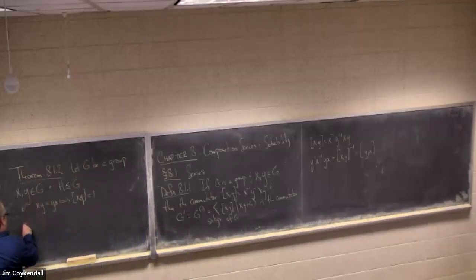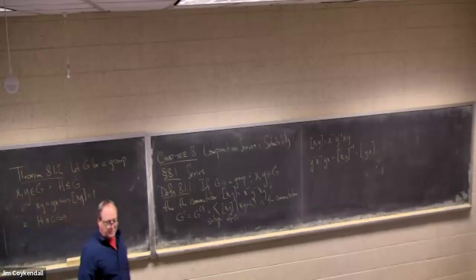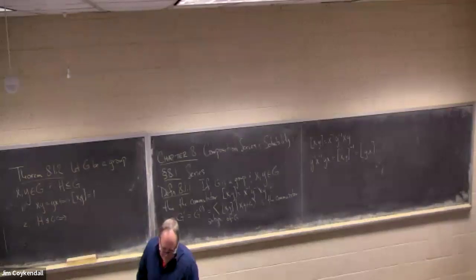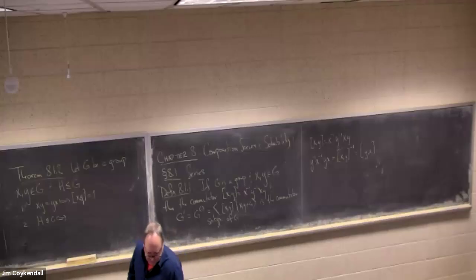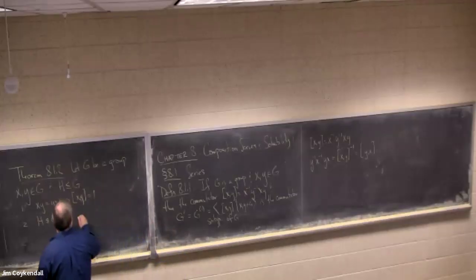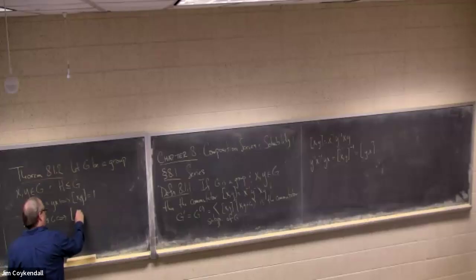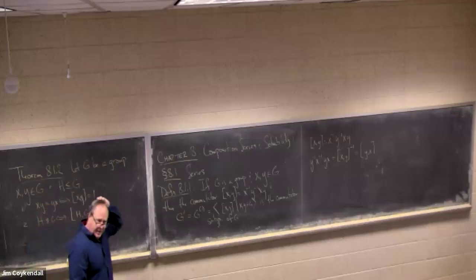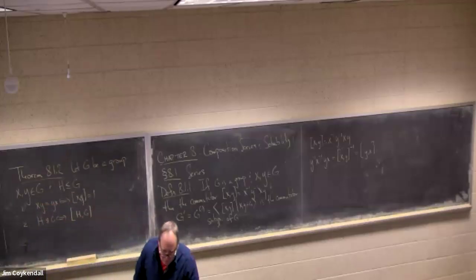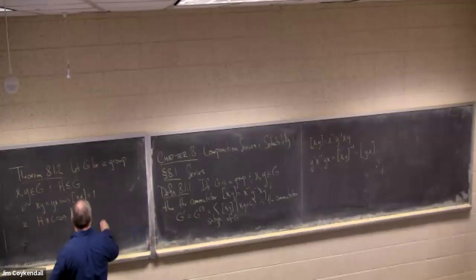Two: H is normal in G if and only if the commutator of H and G is contained in H. I'm using the commutator symbol, but now I'm using it on sets, so I need to tell you what that means.